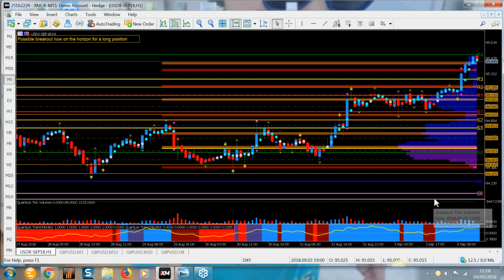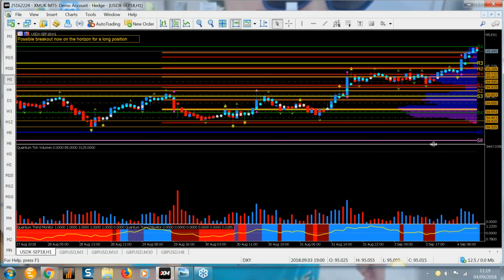But what's interesting, if you can see the volume, I'll just expand it slightly. Under the volatility indicator, there's lots of volume, but as it was climbing higher, the volume was falling. So just from a VPA perspective, we know that this move, while relatively explosive, was possibly running out of steam.